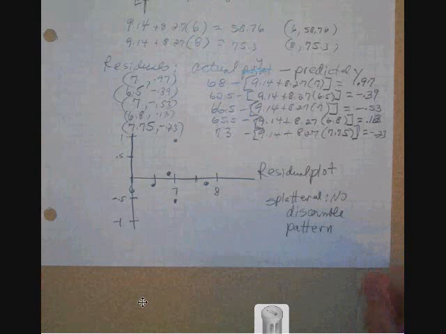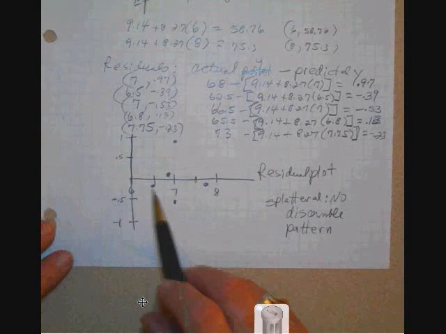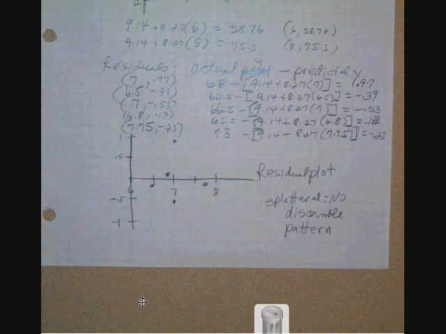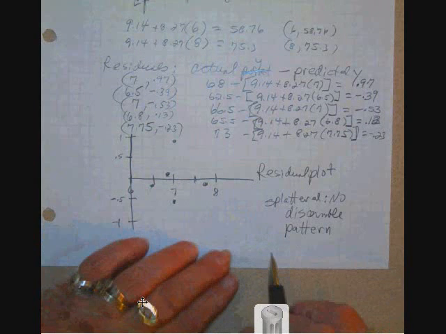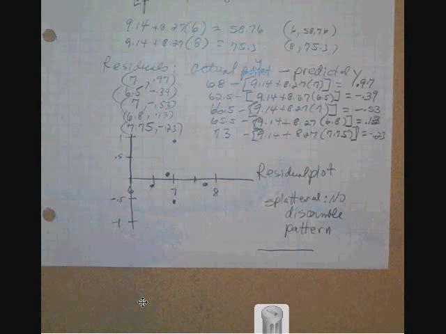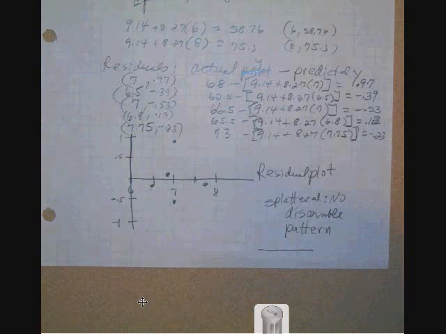So I want to have a random pattern. I've got one here, one here, one here, one here, one here. What would a discernible pattern look like? Well, let me show you some residual plots that are not randomly scattered.